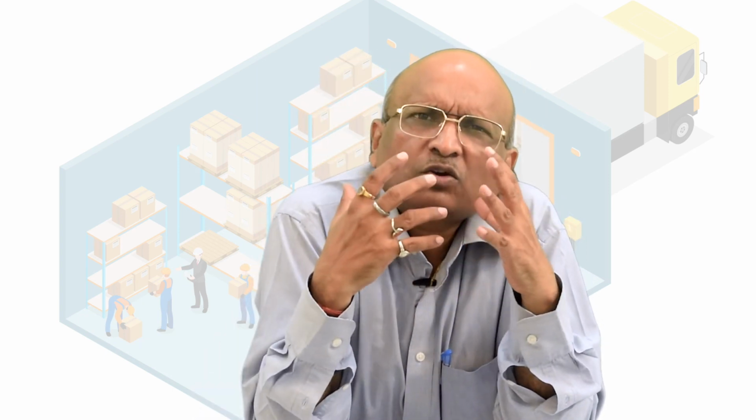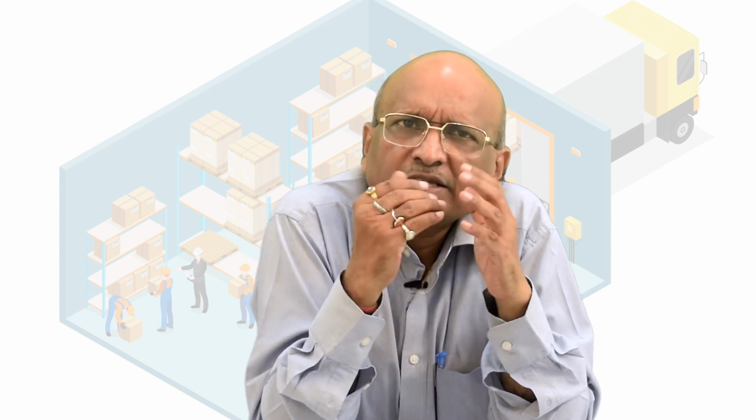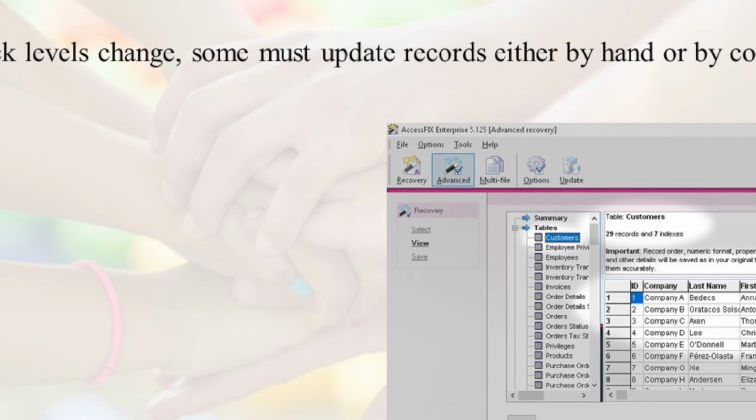Now, what is the cost of operating the information processing system? As the stock level changes, someone must update the record either by hand or by computer. If it is by hand, then a worker or some official or executive is involved, and we have to pay his or her salary. If we are using a computer, then both man and machine are used.